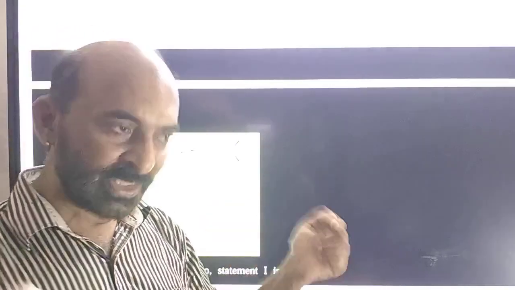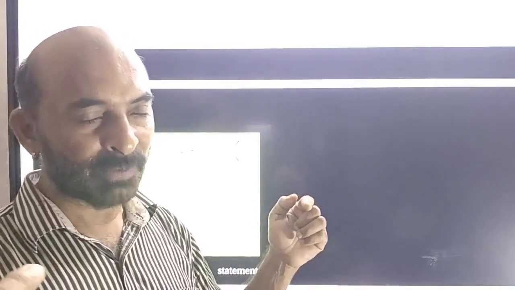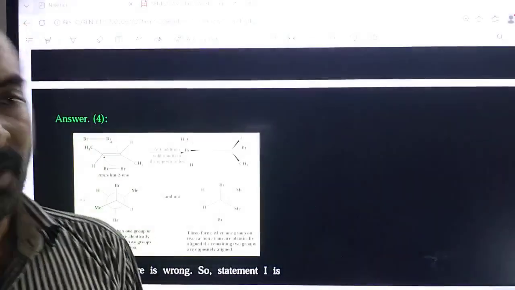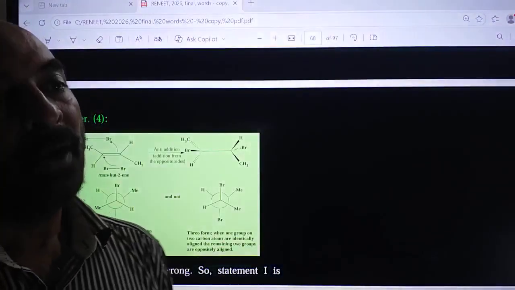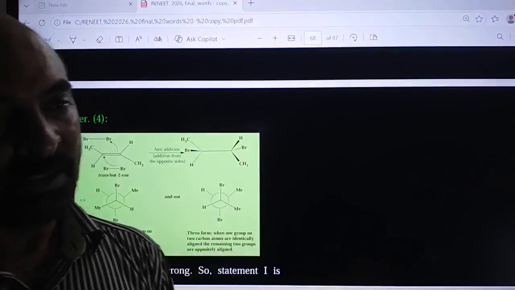Br minus plus Br plus is Br2. So in effect the addition is Br2, but as Br plus and Br minus from opposite sides, anti-addition. So halogen or hydrogen in a catalytic medium adds syn, but in a liquid medium, halogen addition is anti-addition.